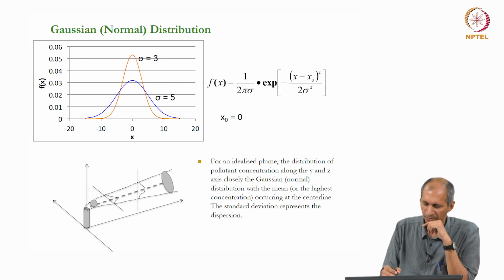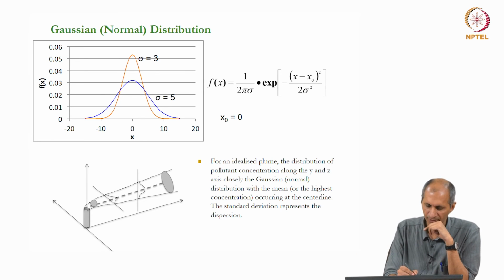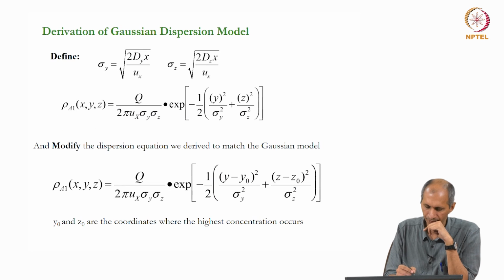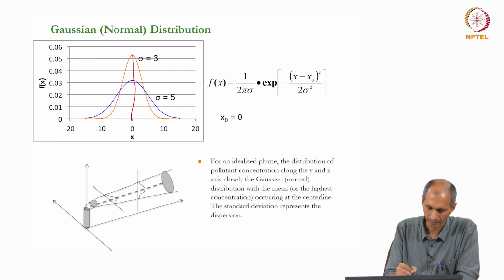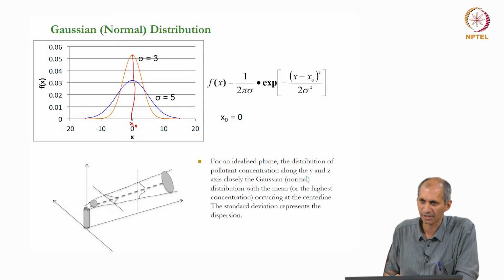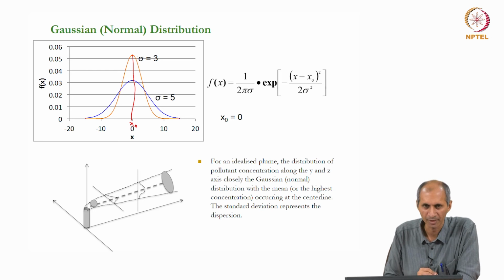The equation for a normal distribution is f of x equals 1 over 2 pi sigma into exponential of minus of x minus x 0. So, this is x 0, it is the mean value. At this x 0, the value of f of x is the maximum.